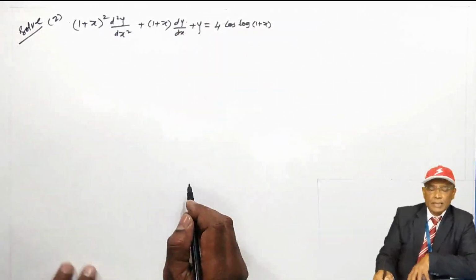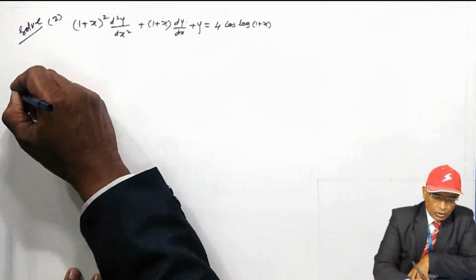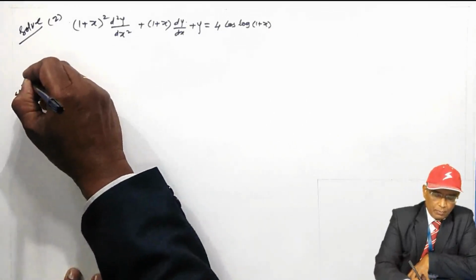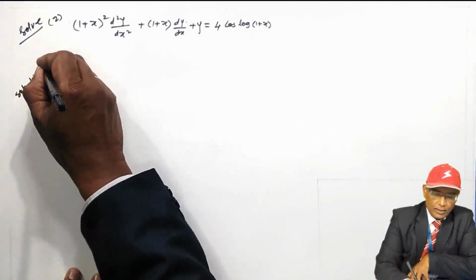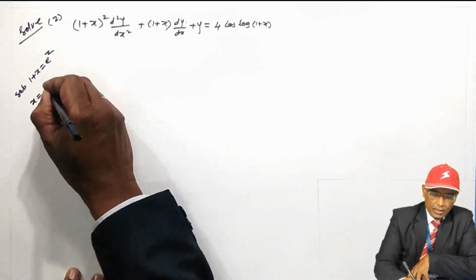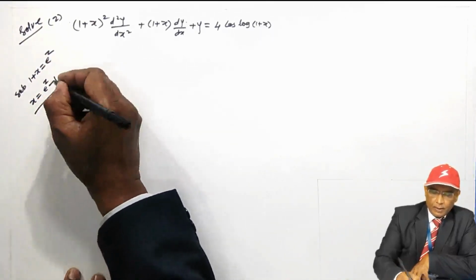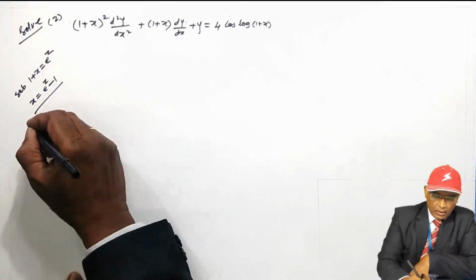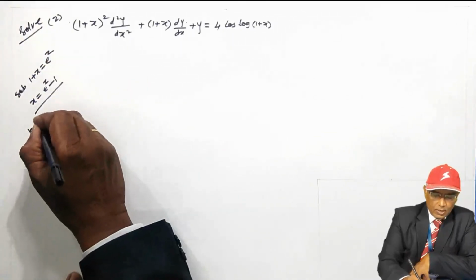Okay. See, directly writing. Substitute 1 plus x equal to e to the power z. Therefore, x equal to e raised to power z minus 1. Is it? And log of 1 plus x is z.